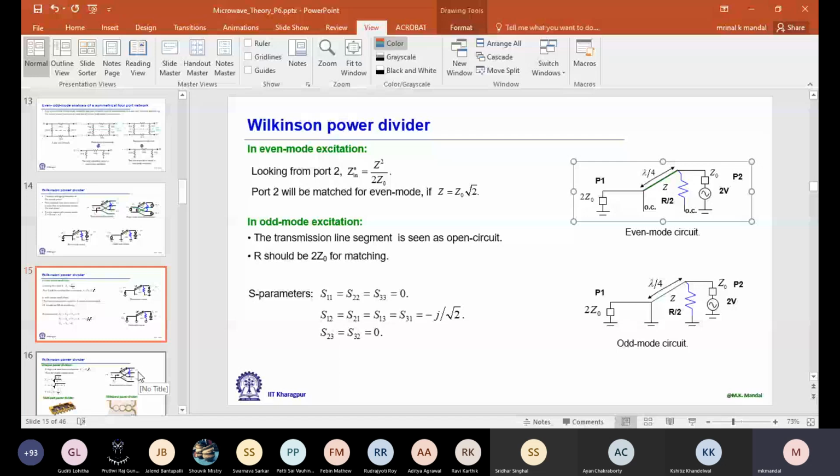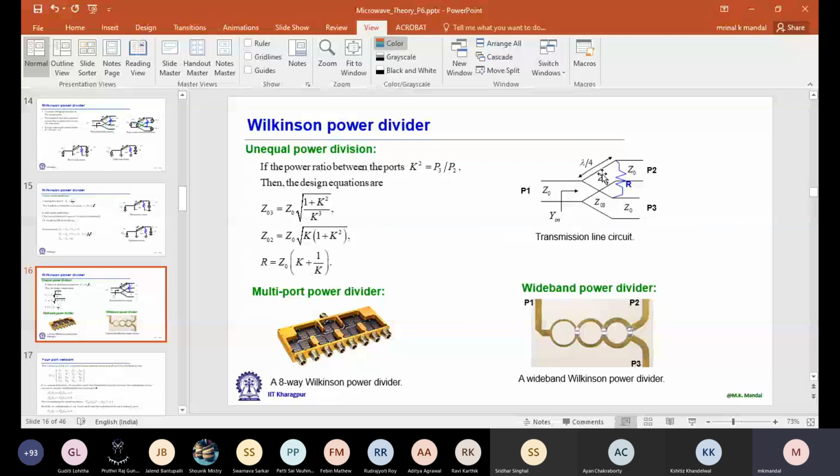So finally this is the circuit, and for a single section we know the values. This is for equal power division. Now, is it possible to design an unequal power division Wilkinson power divider? It is possible. Again, we are not going to derive the expression, just noting down the result.